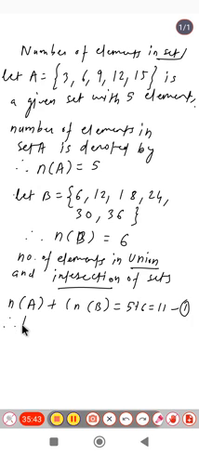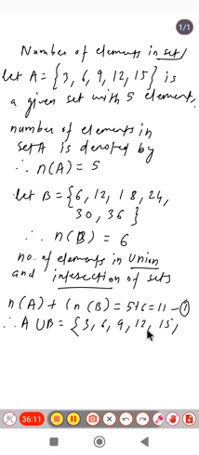So tell me A union B. We can write these numbers: 3, 6, 9, 12, 15, like this. Then again we have 6, but we never write the numbers again and again, as we studied in the previous class.